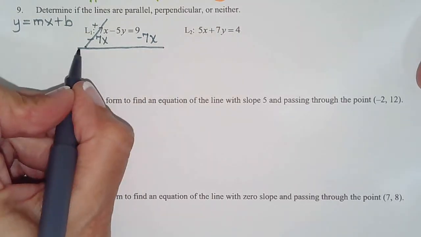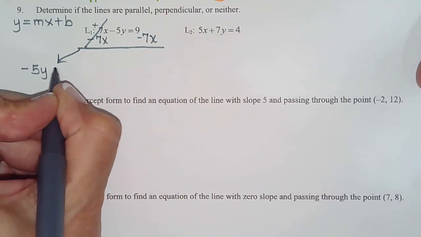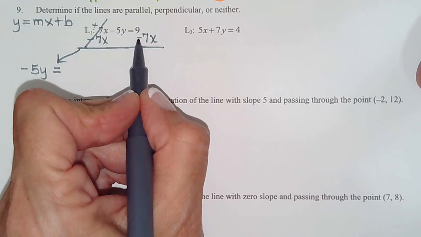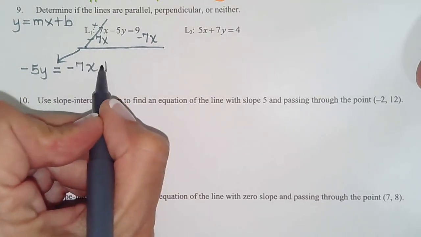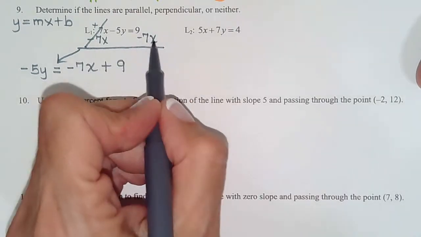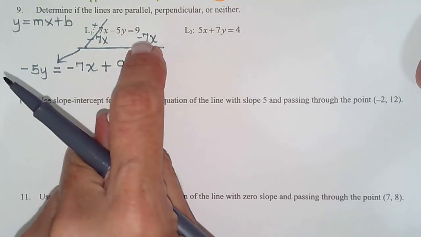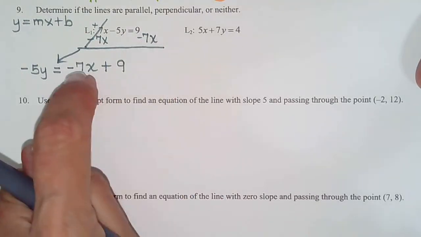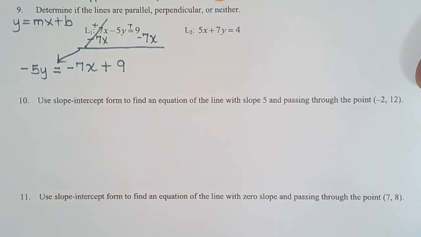So then what I get is negative 5y equals negative 7x and positive 9. Remember, don't combine those two. They're not like terms, but we do want to switch the order, so we carry the sign with it. So negative 7x, 9 doesn't have a sign, so that means it's positive 9.